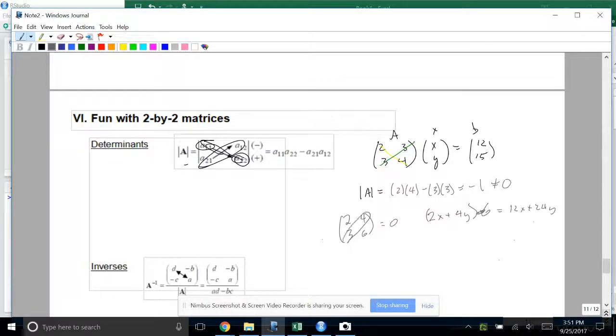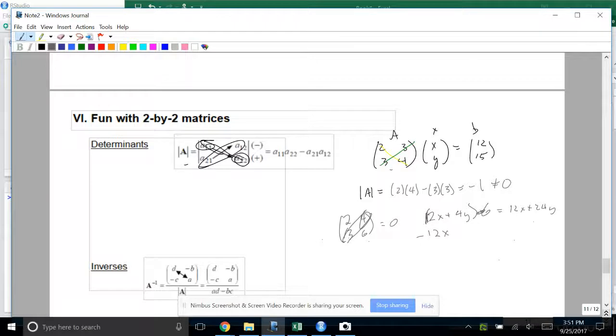All right, so if we subtract off 4 times 3 in the second column, if we subtract it off, we get negative 12.